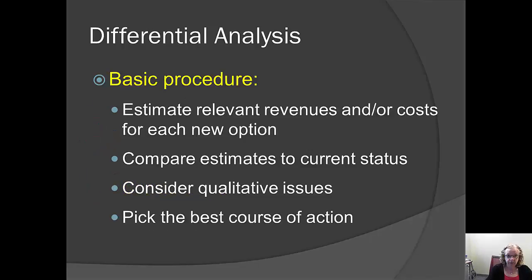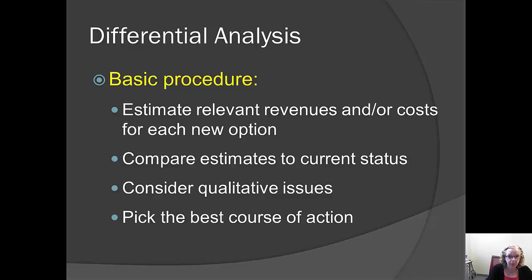So, the basic procedure is to estimate all of the relevant revenues and costs for each of your options, and then compare these options to your current status. And always consider qualitative issues, that is, factors that may influence you to choose an option even if it doesn't have the most economically favorable combination of revenues and costs.